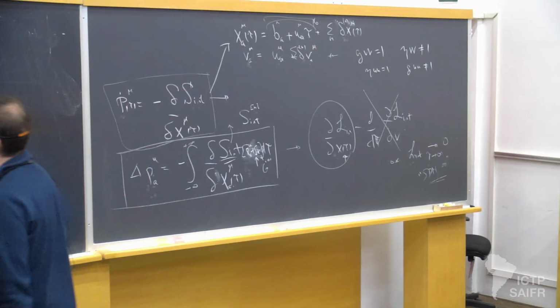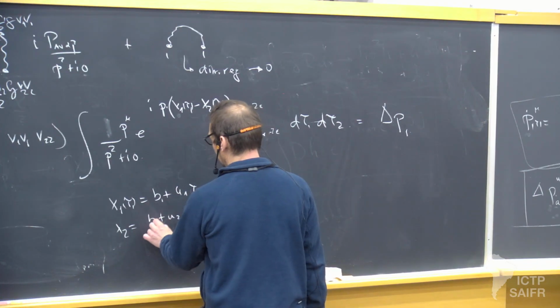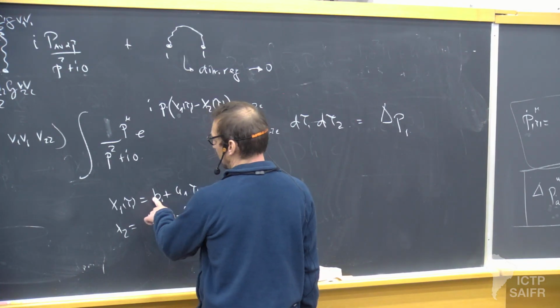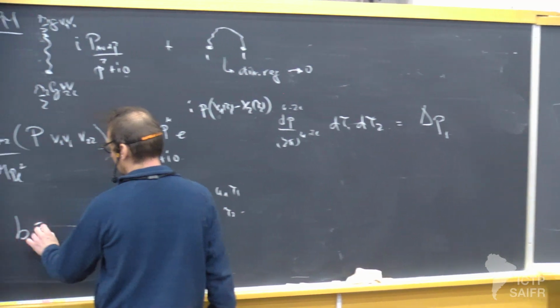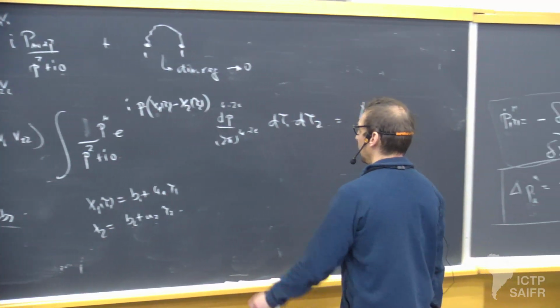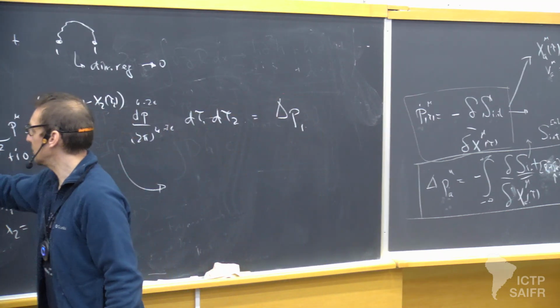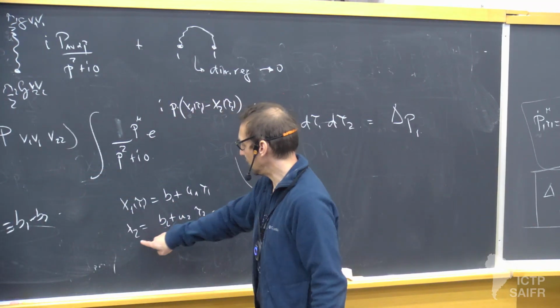And what this means now, well, this is b1 and b2. So this gives me b1 minus b2, which will be our impact parameter. So from here, the velocities now are the dots of this.